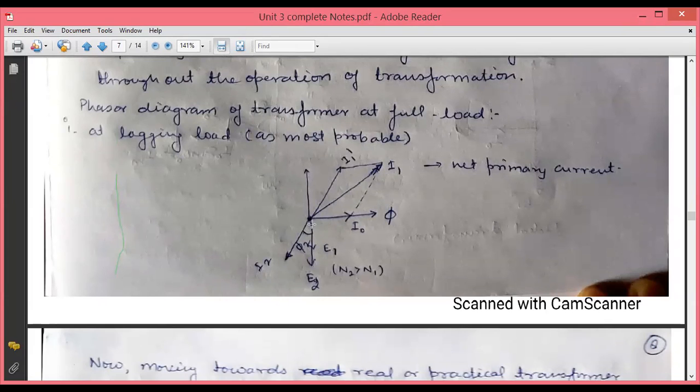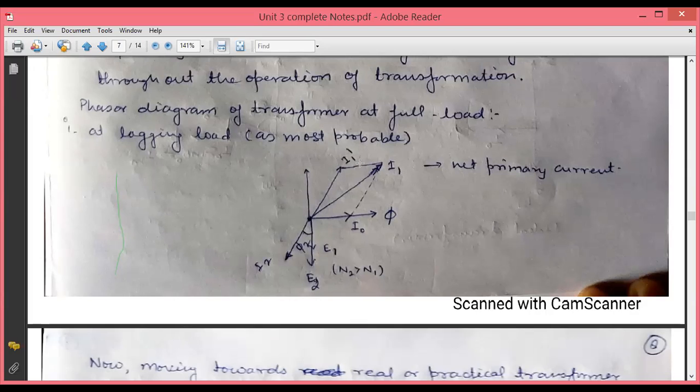Now in this portion, since we connected a load on the secondary side, current I2 begins to flow through the circuit, and we show this current I2 like this because it is lagging behind the secondary voltage E2. And in the opposite direction there would be current I1 dash, which will be N2 I2 over N1.